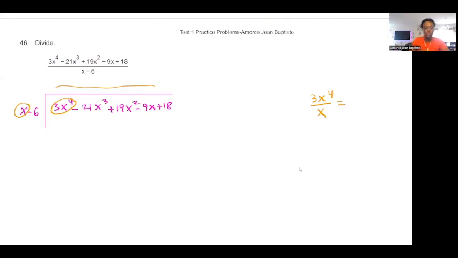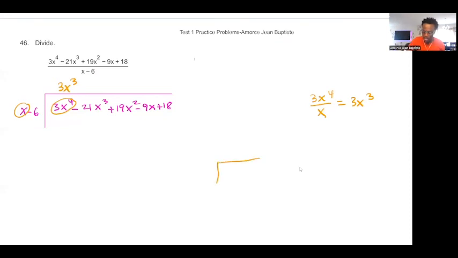So it gives me 3x to the 3rd, and that is the first term that's going to appear in the quotient section. Now, if you remember how you would perform long division with a simple number, it's exactly the same process.